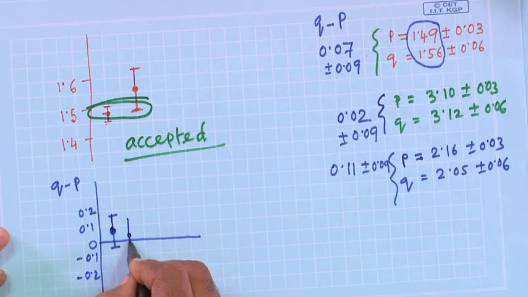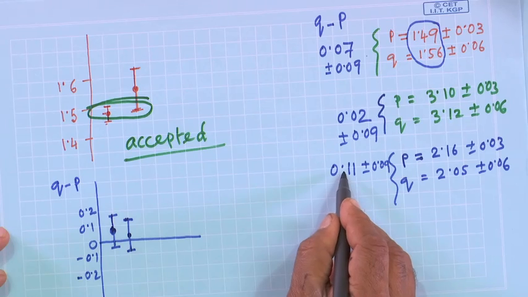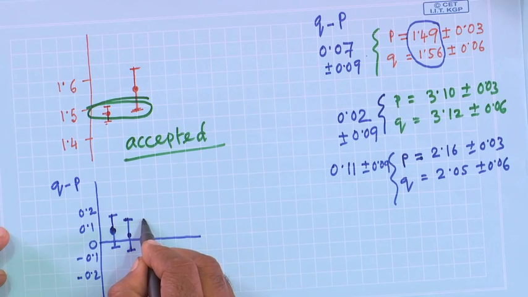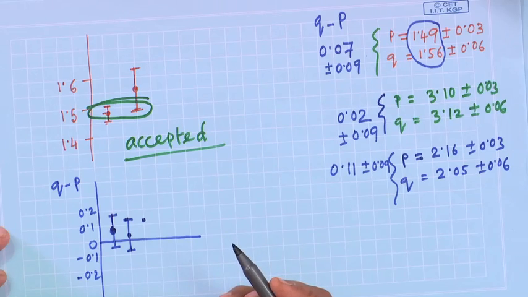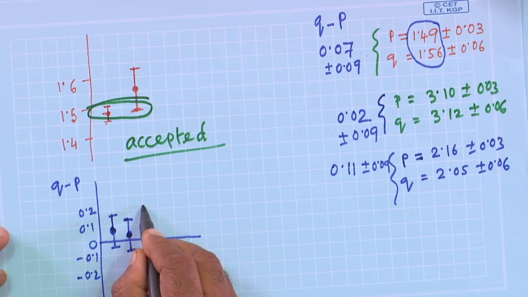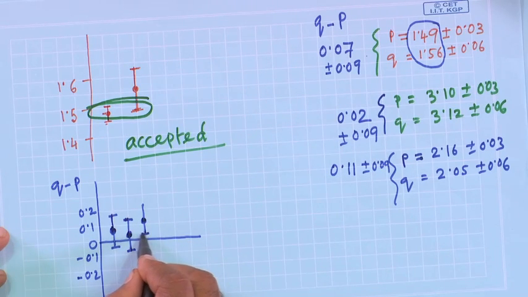Its length will be the same for all. Then this is 0.11, which is close to here, and I think it is close to 11.9.